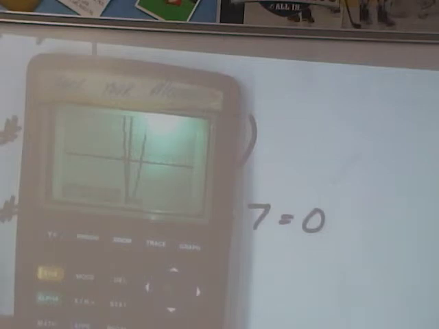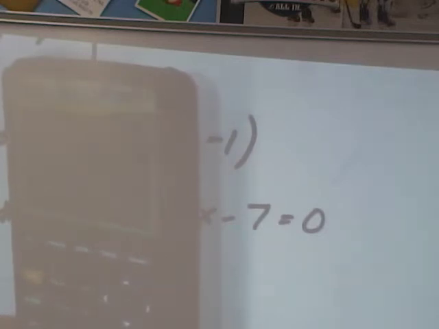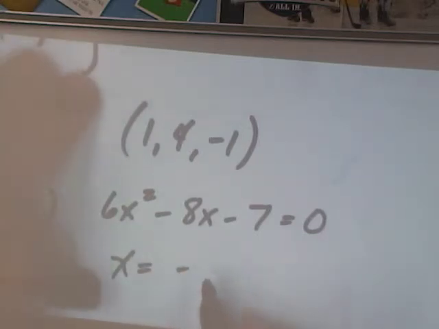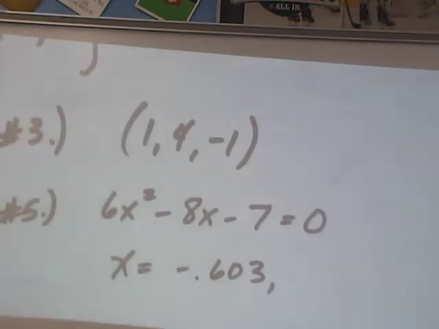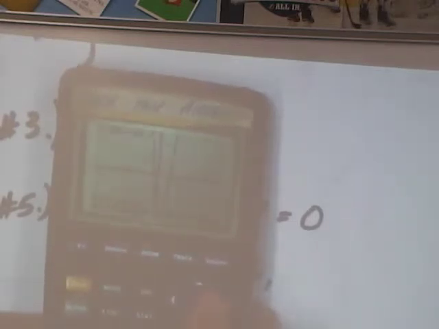Eric, you okay? Yeah. All right, so my first answer is going to be negative 6.03. And the next intersection point: second calc, intersect, then move the cursor close to the other intersection point, and hit enter 3 times.